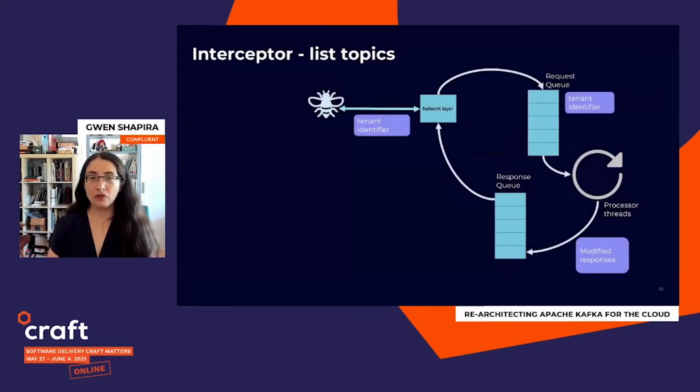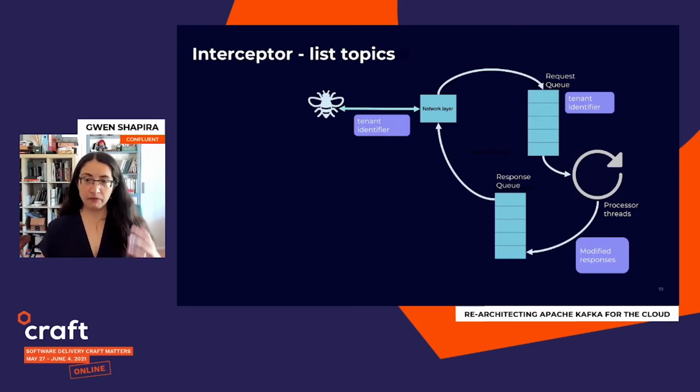So the way we handle things like, what if a tenant does list all topics? The way we do it is via plugins into Kafka that allow us to see who is the tenant. In most cases, it would be identified by the user, the principal that the user uses.